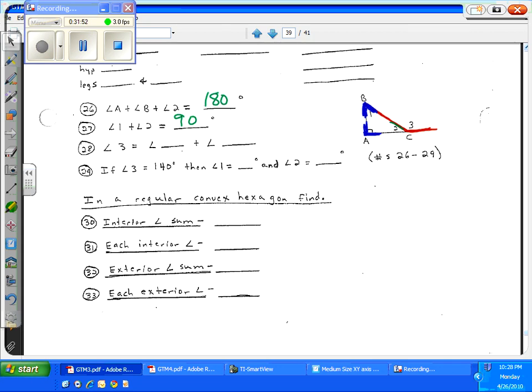Angle 2 would be the angle adjacent to it. Notice angle 2 and 3 are a linear pair. The other two we call the remote interior angles. So the exterior angle, angle 3, is equal to the sum of its remote interior angles, angle A and angle B.